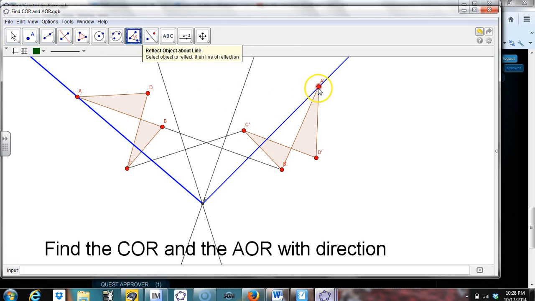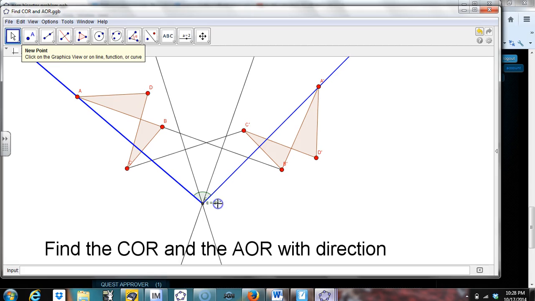To measure it, I'm going to go in a clockwise direction: A prime, the vertex is always the second point, and then A. It looks like it was an angle of 95 degrees clockwise. So that would be our answer. Find the center right here, angle of rotation 95 degrees clockwise.